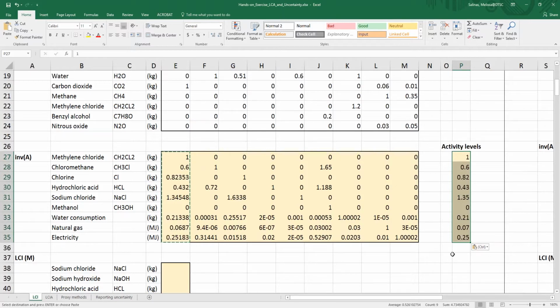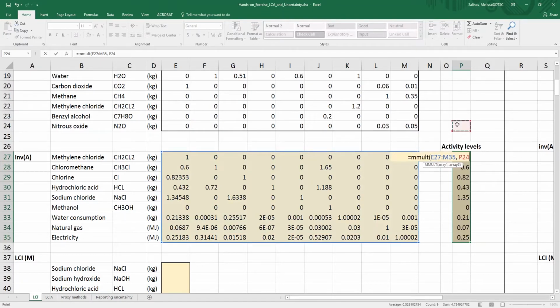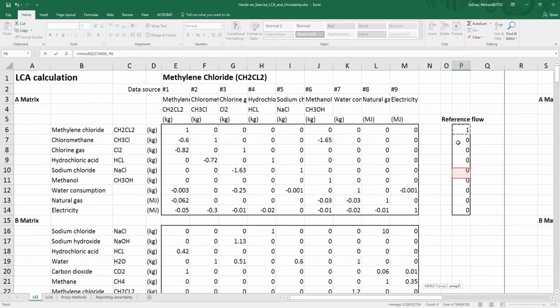For those who enjoy using matrix calculation in Excel, another way to do exactly the same thing that I just did is to select the entire area like this, and then put an equal sign and put MMULT, which is matrix multiplication. And then first you select this A inverse matrix, and then comma, and go up and multiply this with the reference flow matrix.